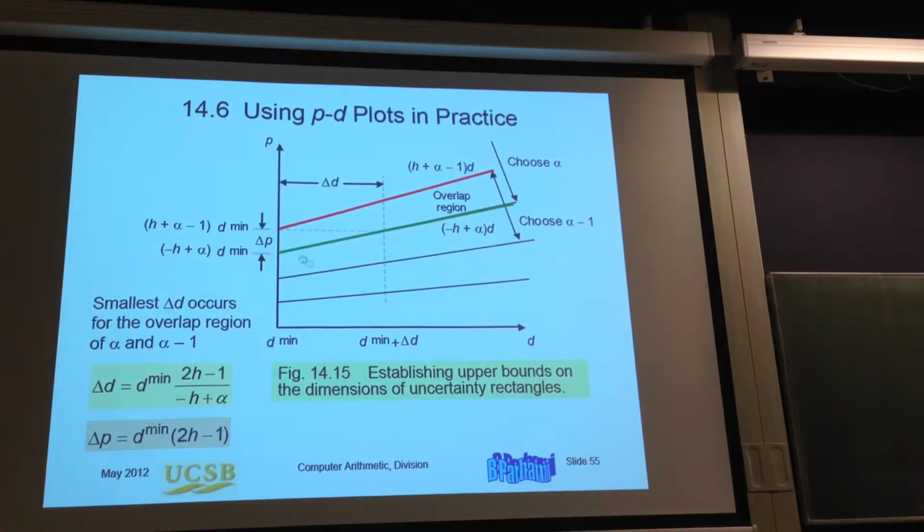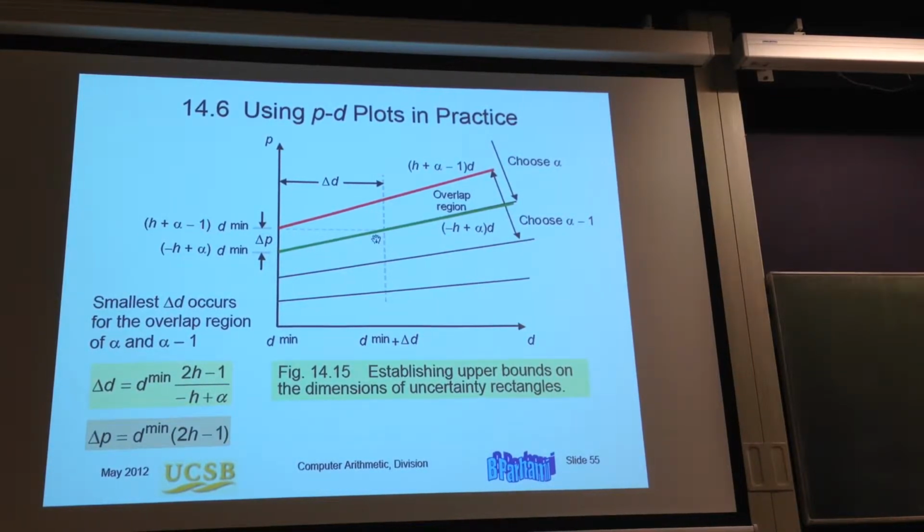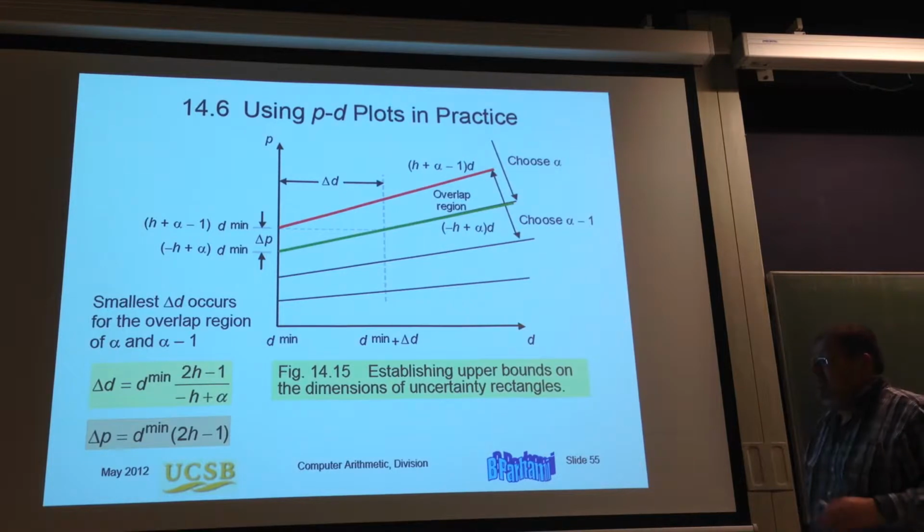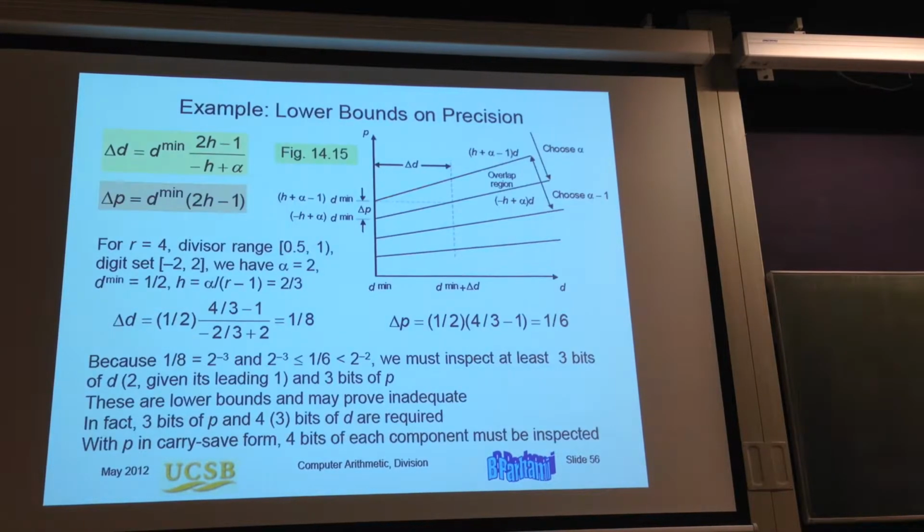For B, the same story, is the smallest distance between 2 lines, but now on the horizontal part. Now, it's a bit of geometry. You get that kind of delta D and delta P, and that will tell you how many bits you actually need to inspect. In which way? You have here an example.